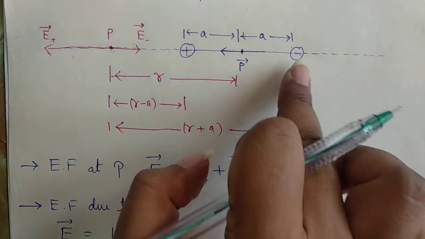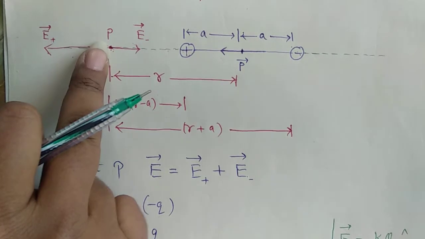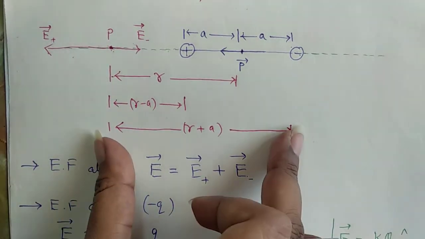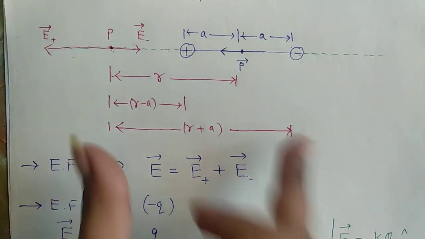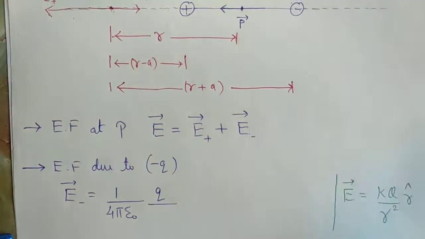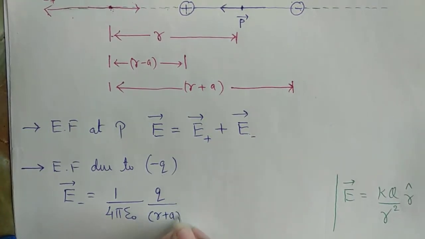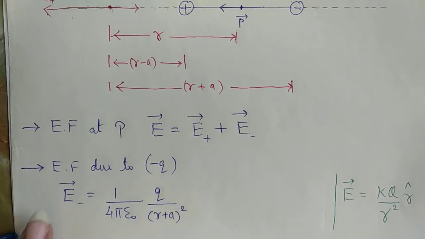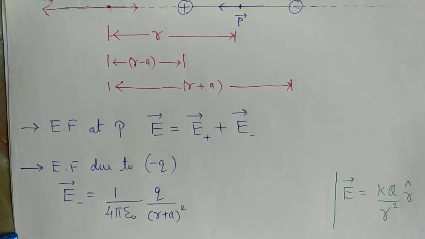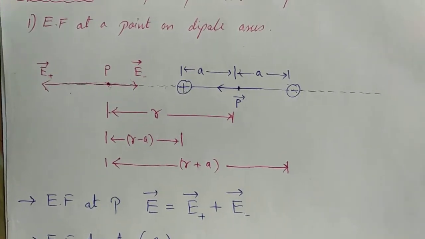So that distance of the source charge from the point P is r plus a. So I'll substitute that value, whole square. Now here I need to write down the direction of electric field as I am writing the vector sign over here. From the figure, just see.